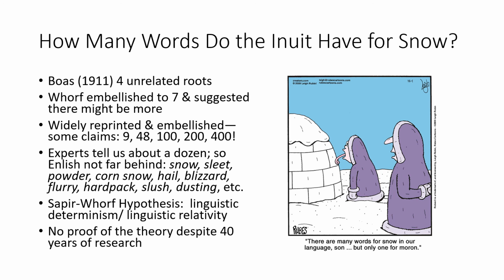But Whorf really pushed this theory. He created a hypothesis that has come to be known as the Sapir-Whorf hypothesis of linguistic determinism. This is the idea that your language dictates your thinking, and that restricting language will restrict your thinking, or relativity, that you can't have thoughts outside of what you can express in language.